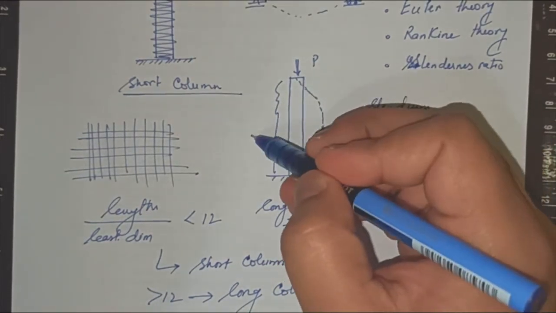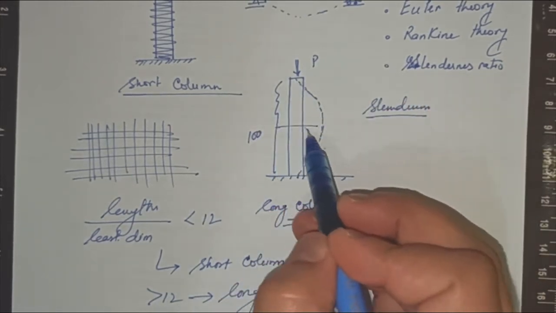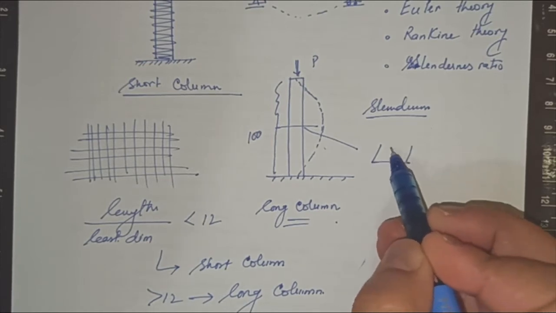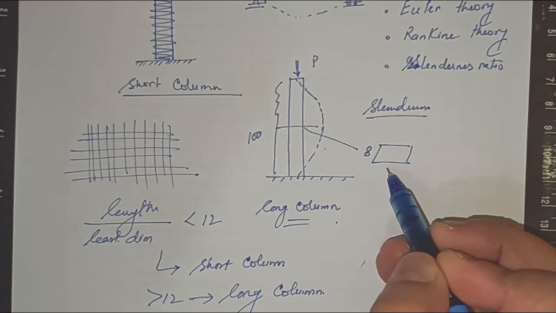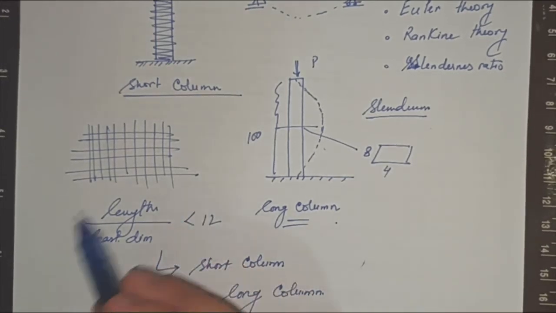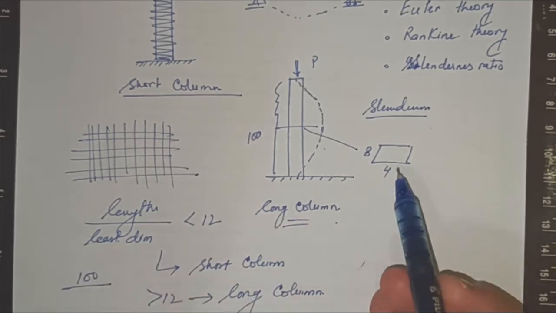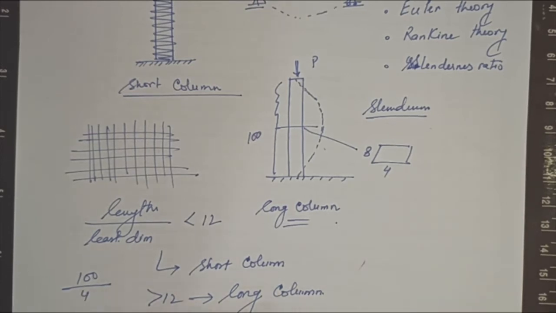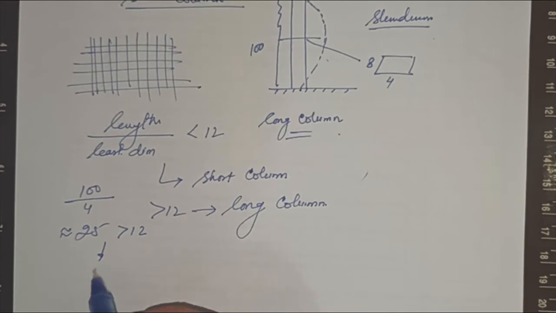Let's say this is 100 mm, and the cross section is rectangular, with sides 8 and 4. The ratio is 100 upon the least dimension, 4, which is approximately 25. This is greater than 12, so this comes under a long column.